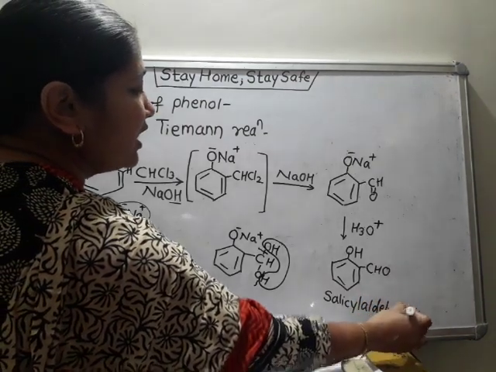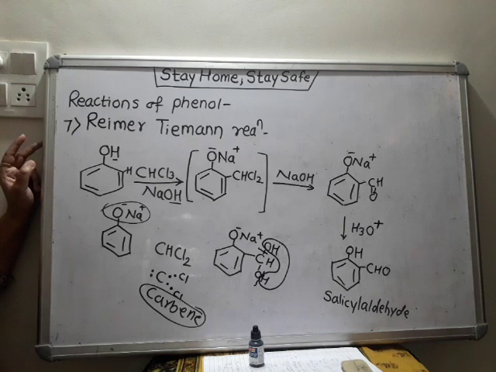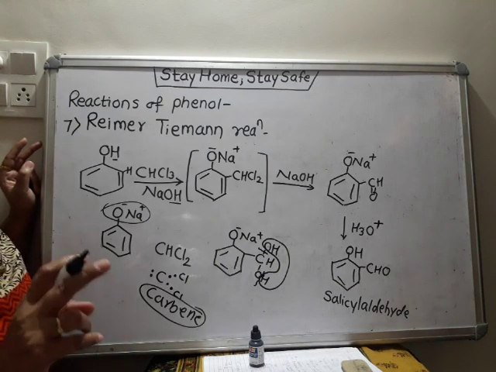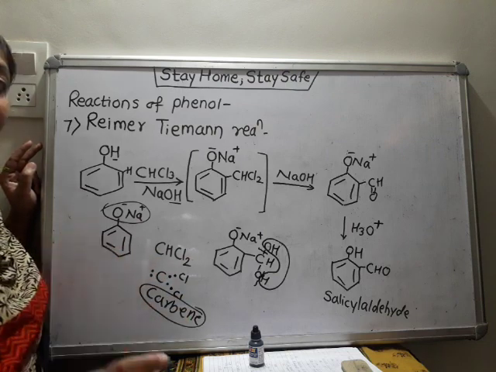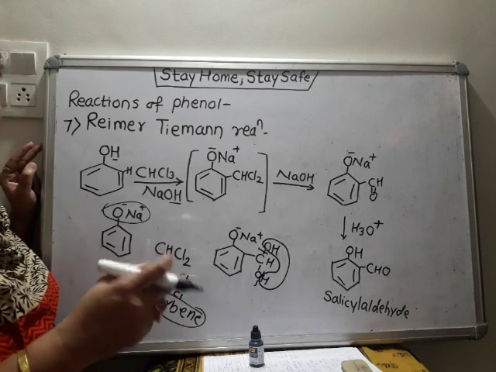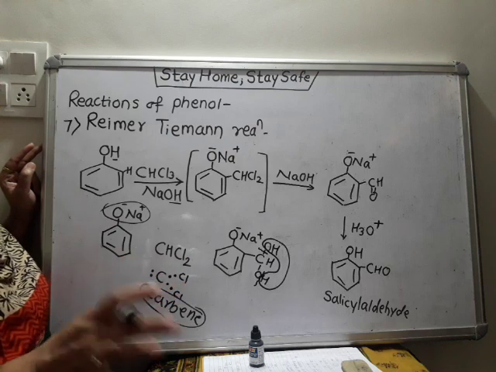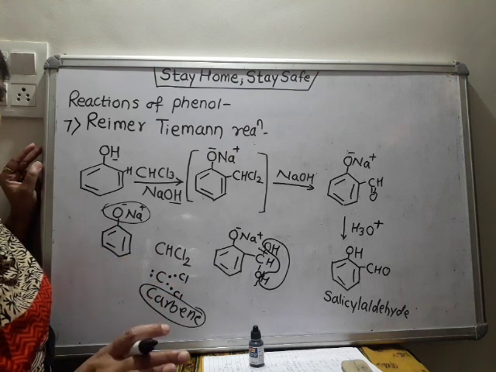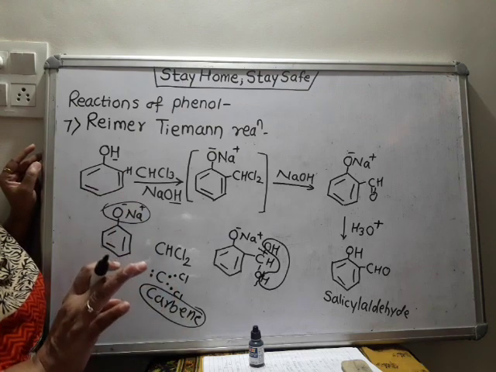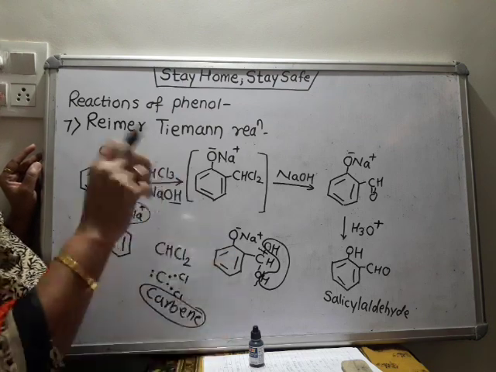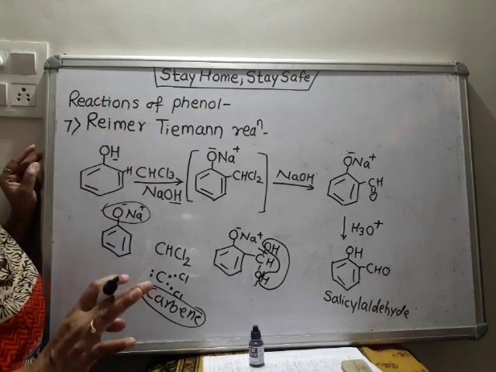Very important reaction. Is this clear? Here para substituted phenol is not considered. Only the ortho substituted phenol, with the CHO group at the ortho position, is called salicyl aldehyde. The para product is not given. Ortho is major in this case. They have not mentioned it like this, but CHO goes to the ortho position.